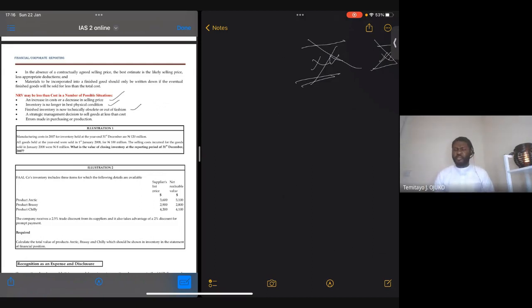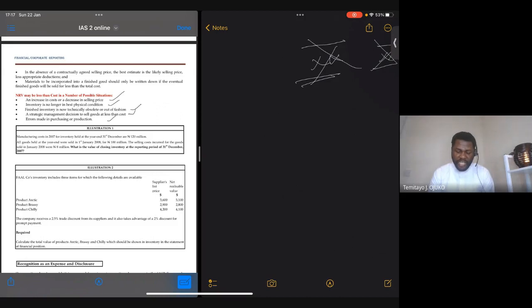You get more customers. So with that, management might decide to reduce the selling price of a particular inventory. And lastly, errors made in purchasing or production. So those are the possible ways that the net realizable value of an inventory will be lower than the actual costs.